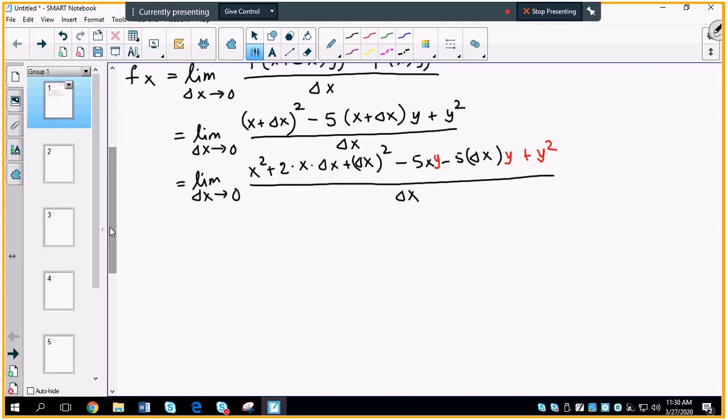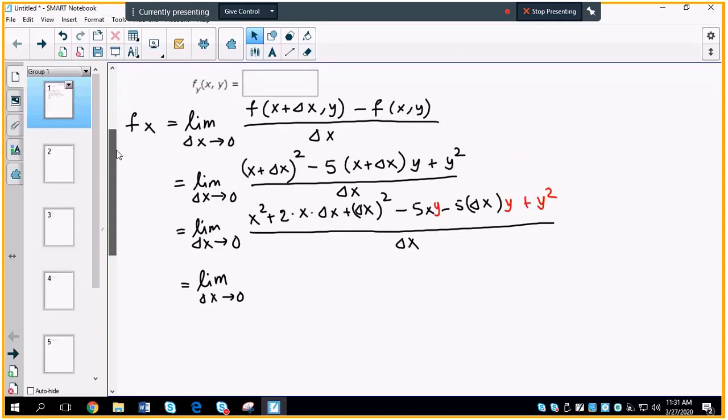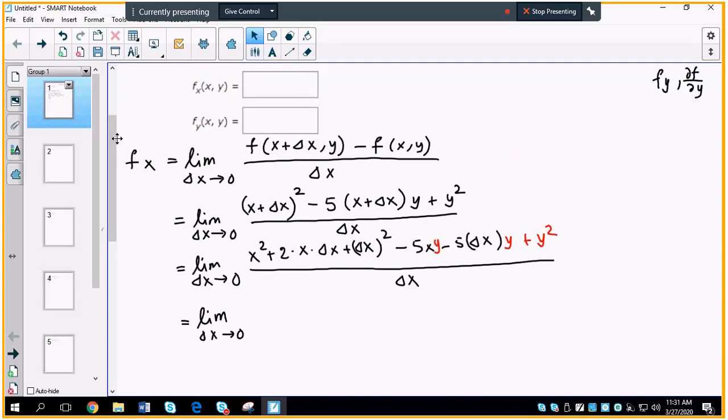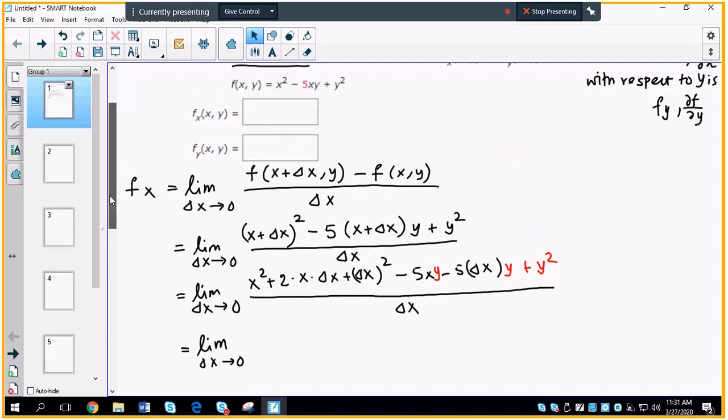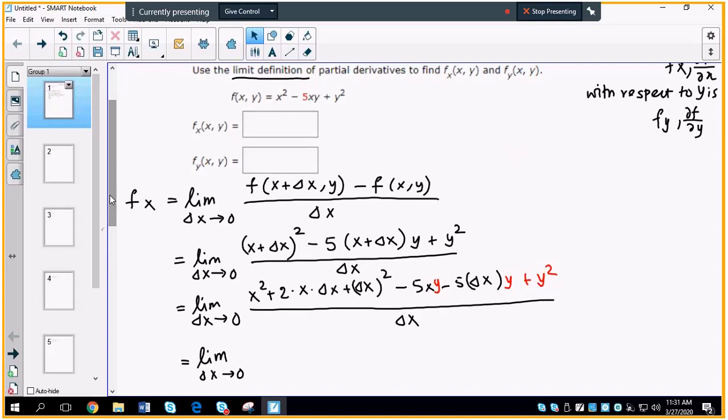Let's see whether there are terms that I can think of cancelling out. You need to do a little bit of work here. Remember, this was only the term when I was inputting x plus delta x in my function. So I still need to do minus f of x, y. So I will extend it. This portion that I have done is f of x plus delta x comma y.